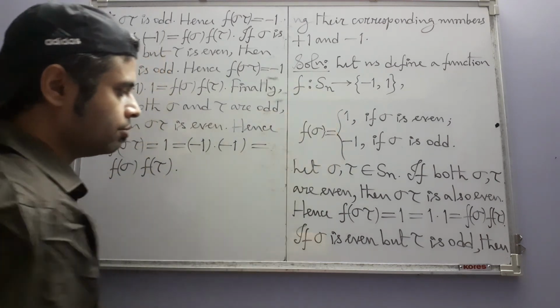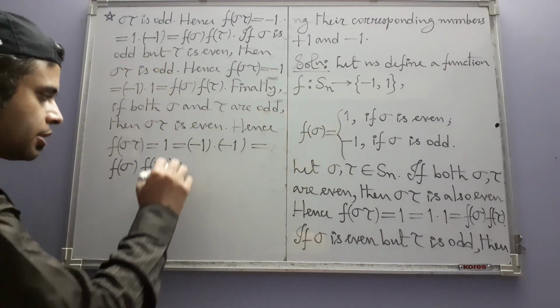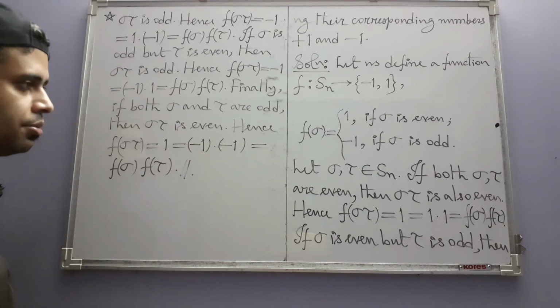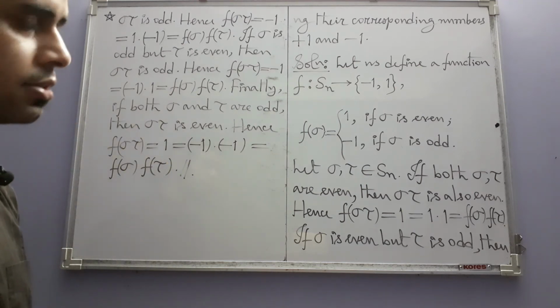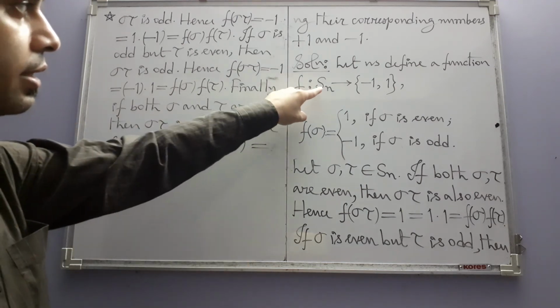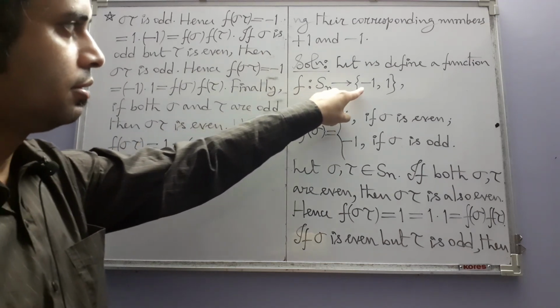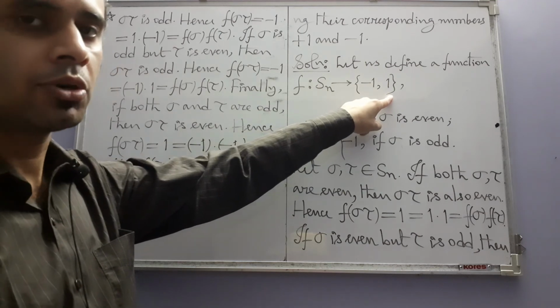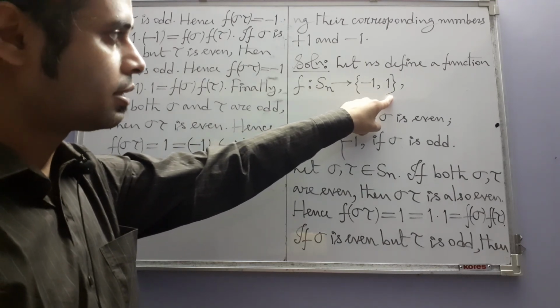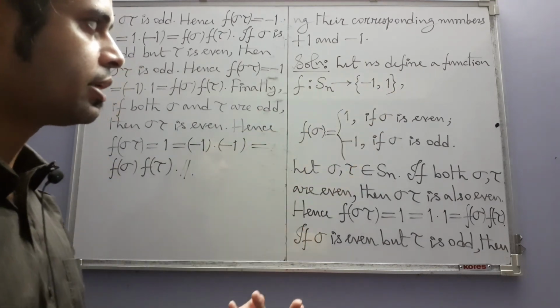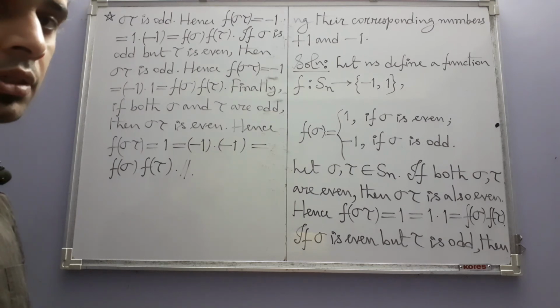Sn is the group, the solution of course ends here, but you can notice one thing from this solution. Just like Sn is the group with respect to composition of mappings, this is also a small group under the operation which is ordinary multiplication of real numbers.